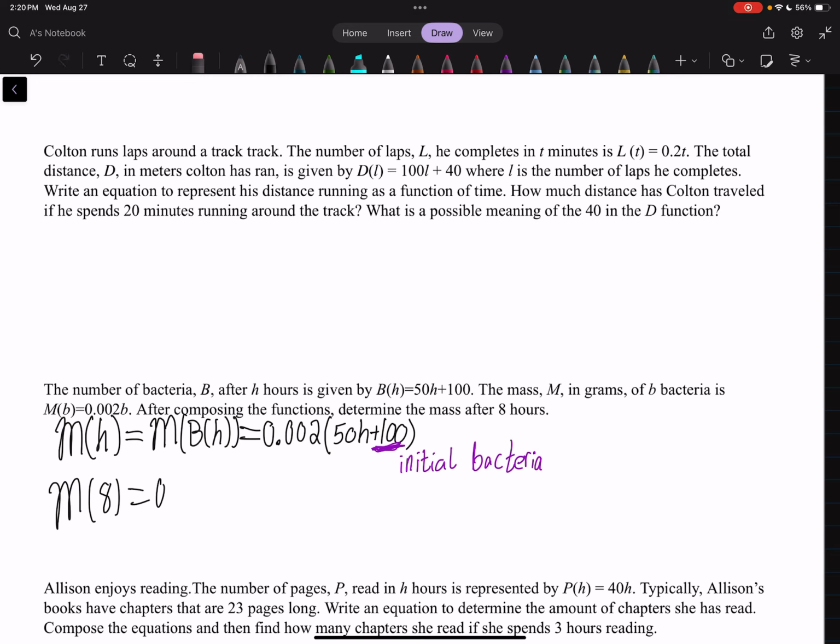So 0.002 times 50 times 8 plus 100. This is 500. 1 gram.